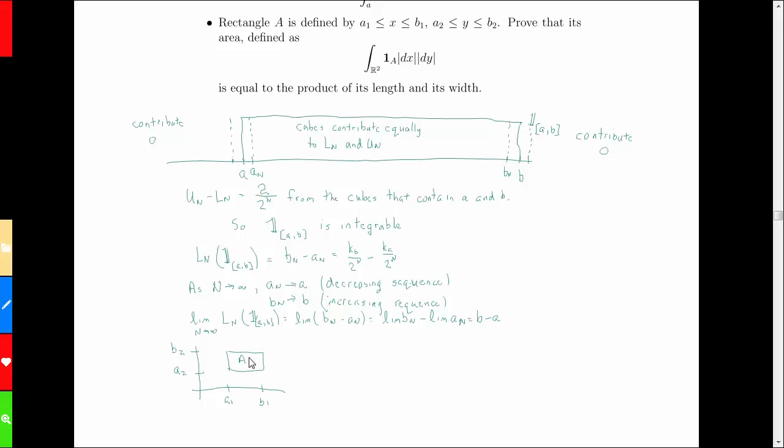The indicator function for this rectangle is clearly the product of the function that's 1 when x is between a1 and b1 times the function that equals 1 when y is between a2 and b2. So the theorem we proved about product functions applies.